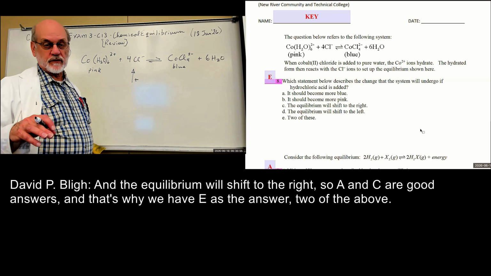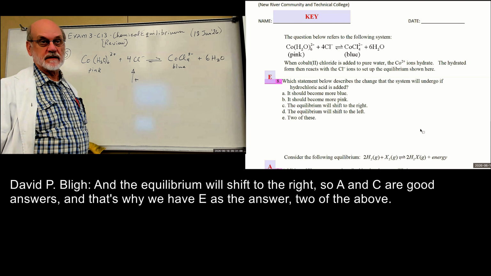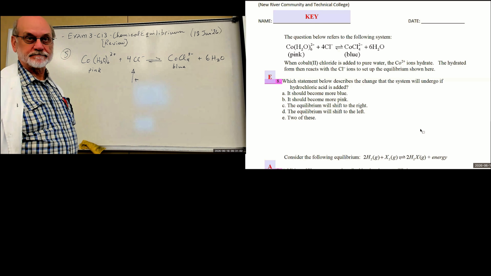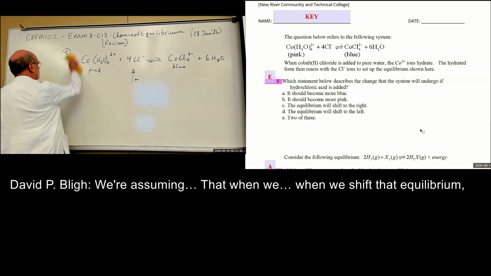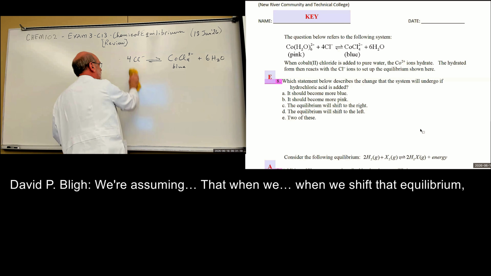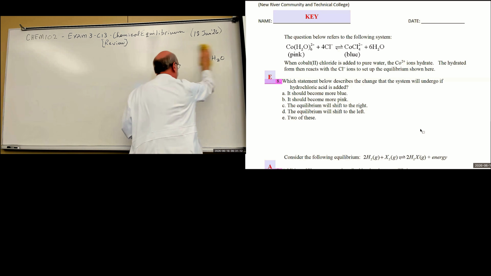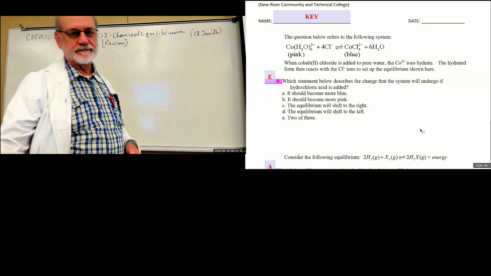And the equilibrium will shift to the right. So A and C are good answers. And that's why we have E as the answer, 2 of the above. We're assuming that when we shift that equilibrium, you can see the color change.